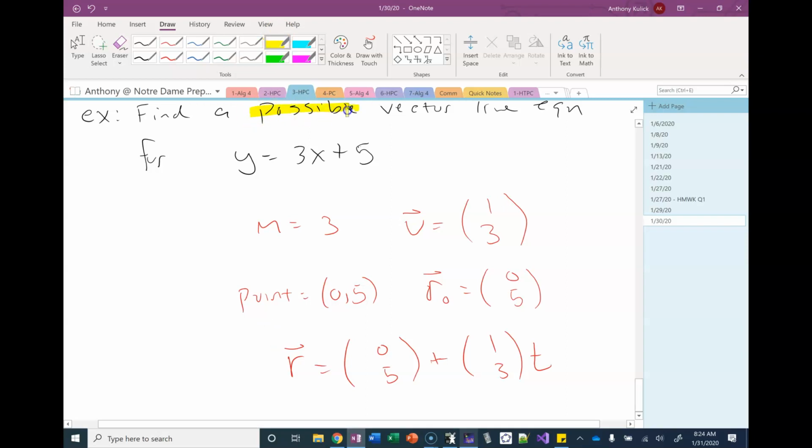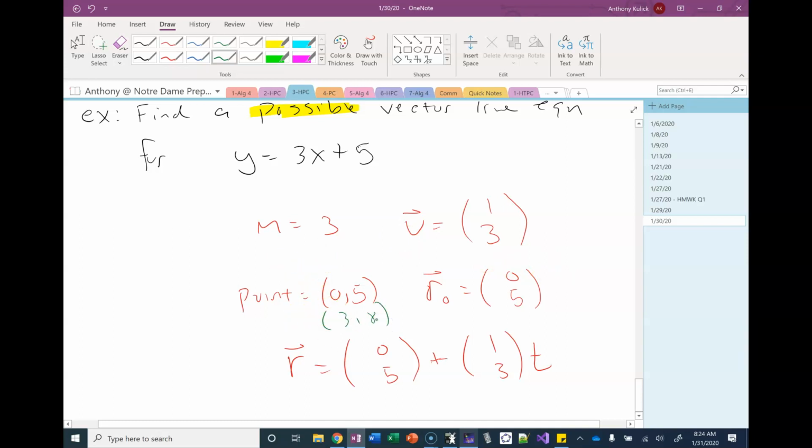Notice here we said possible vector line equation. Why do we have that word possible? Could there be more than one answer to this? What if we picked a different point? What if, say, we had 3, 8?